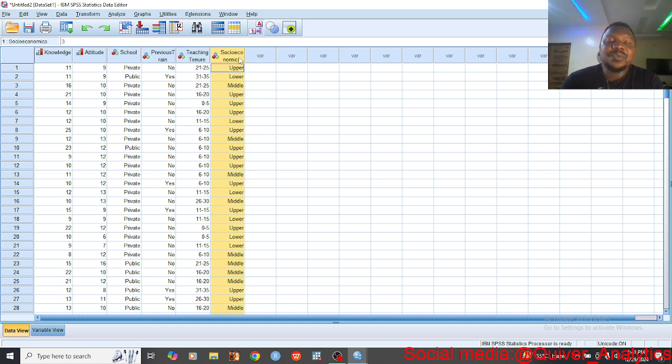So when we have more than two levels, I'm repeating that, and the value being predicted is numeric and the grouping is nominal, then we use the Kruskal-Wallis test. It can be an or scenario.